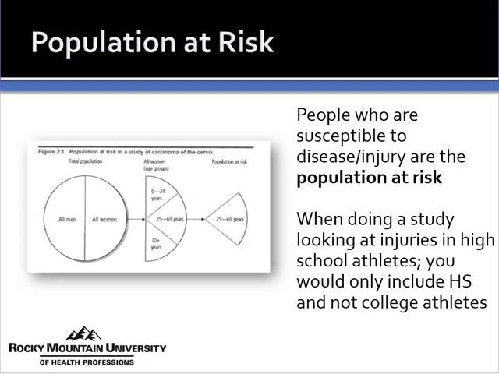Again, it's always important to know who your population at risk is. So those are the individuals who are susceptible to the disease or injury. For example, if I did a study looking at injuries in high school athletes, I would only want to include high school athletes and not collegiate level athletes in my study.